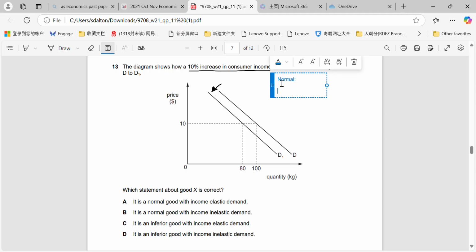Normal goods have a positive relationship, which means that if income goes up, then demand will also go up. Whereas for inferior goods, they have an inverse relationship with income. So as income goes up, the demand for inferior goods will actually come down. So that tells us straight away that in this diagram, we are looking at an inferior good.